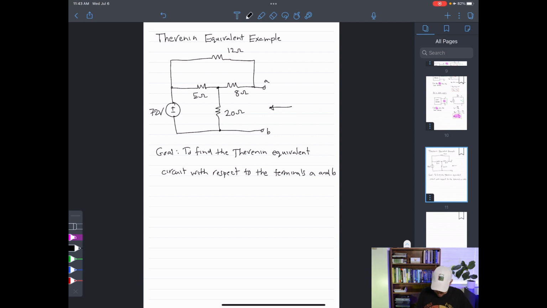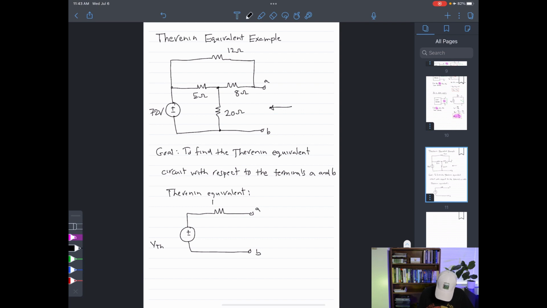However, here the Thevenin equivalent circuit to the one above is going to be composed of a voltage source that happens to be in series with a resistor. This is the Thevenin voltage, this is the Thevenin resistance, and it is these two things that we're actually going to be looking for that are going to be our solutions to our problem, right?